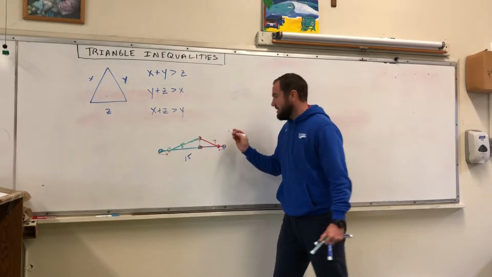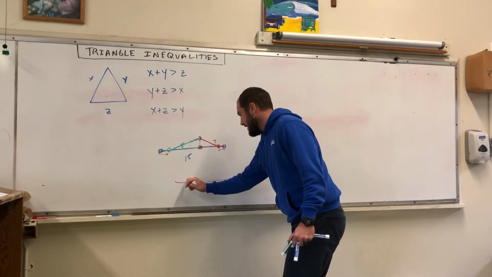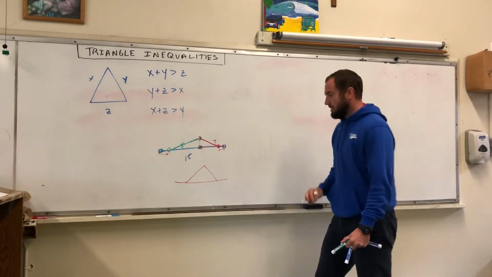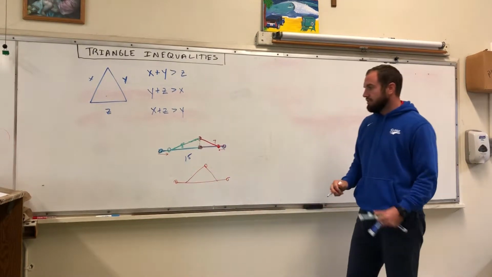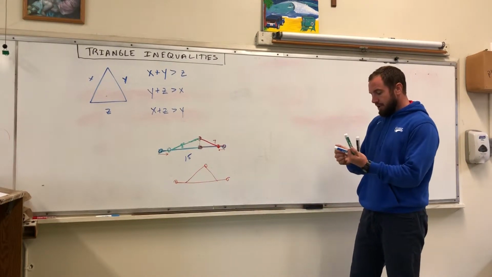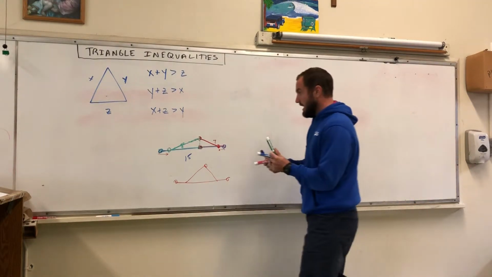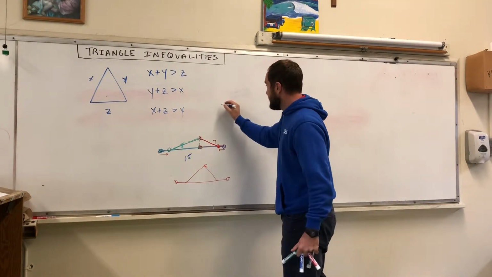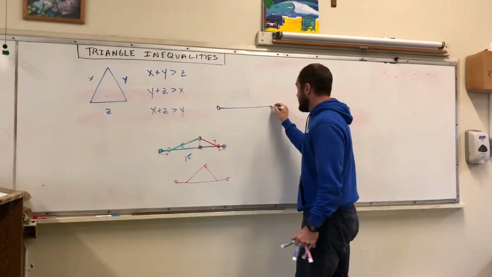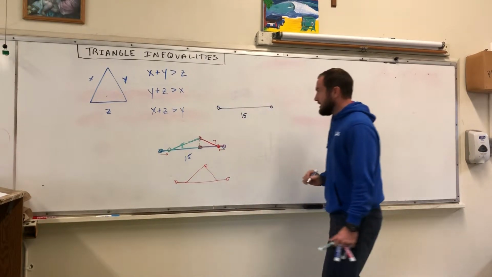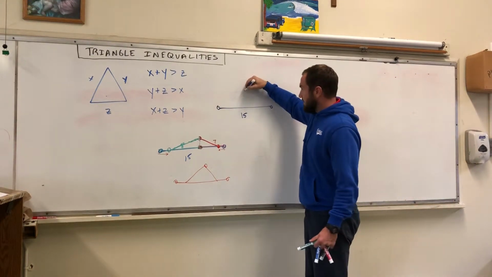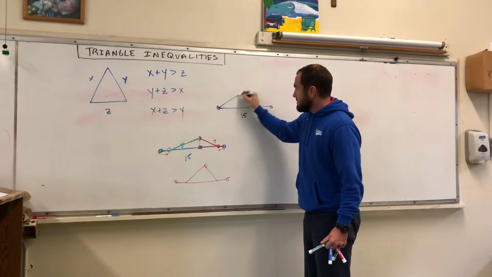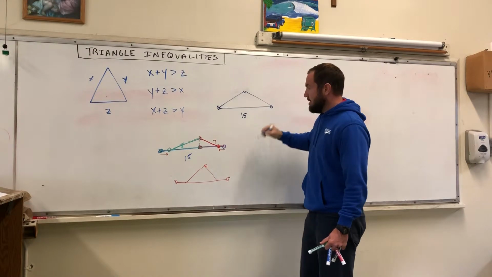So this shape here is obviously not a triangle. Yeah, there's a triangle here, but if these are my vertices, that's not a triangle. So what needs to happen? Well, if I'm going to create a length of 15, and I want to have a triangle, these sides are going to have to be longer in length.